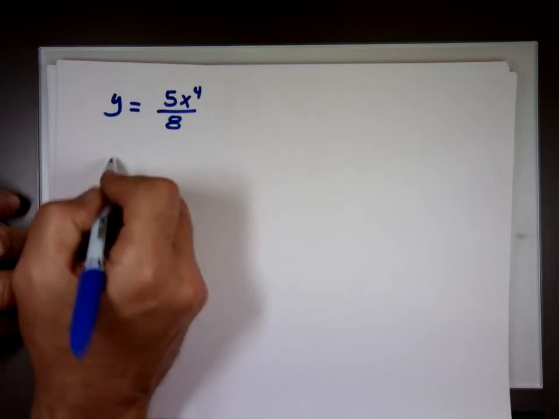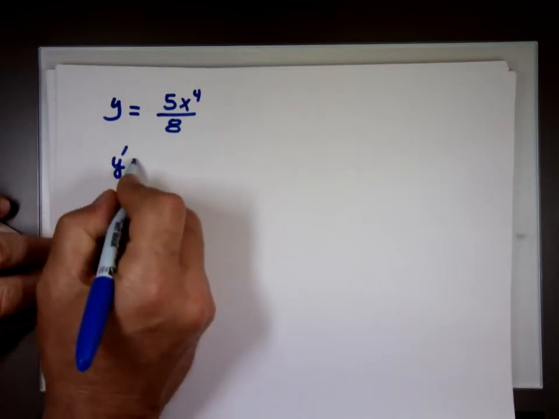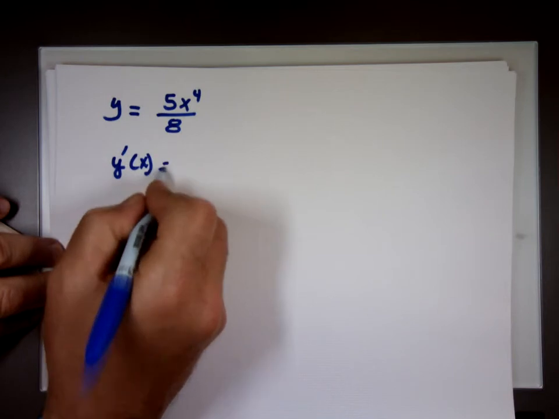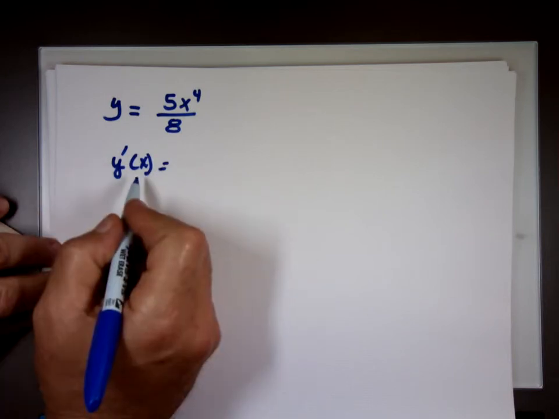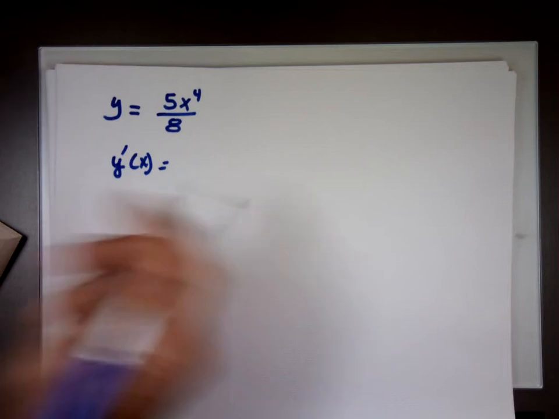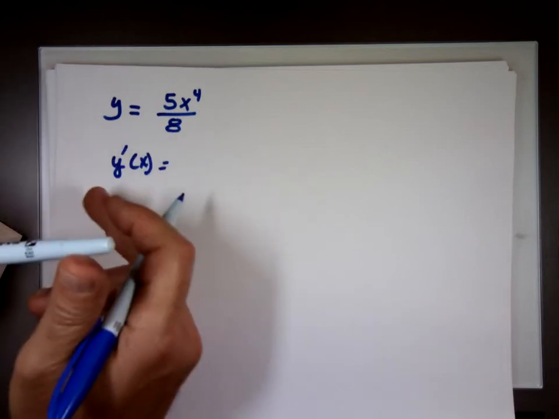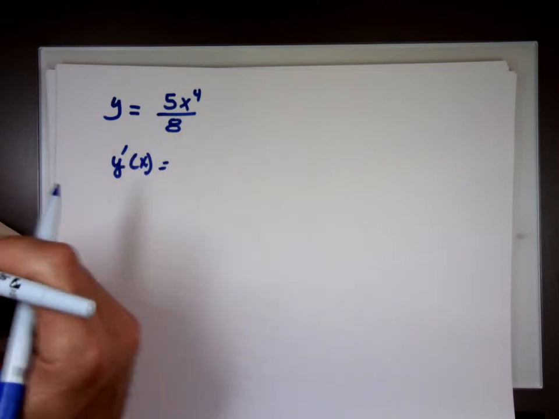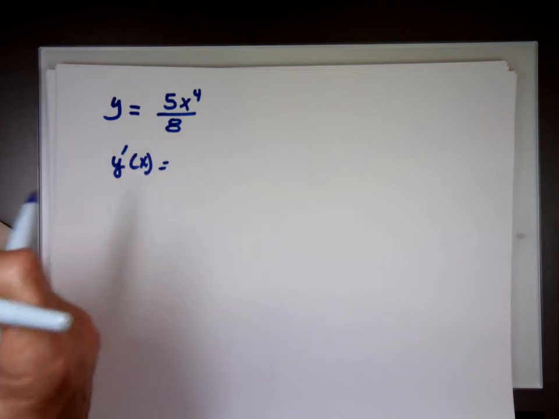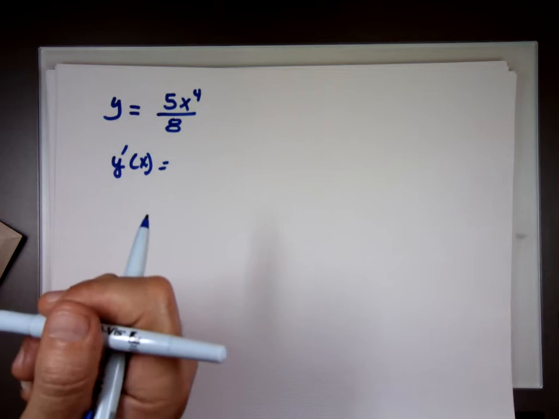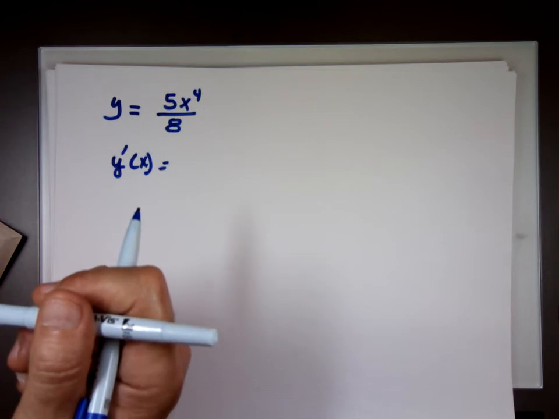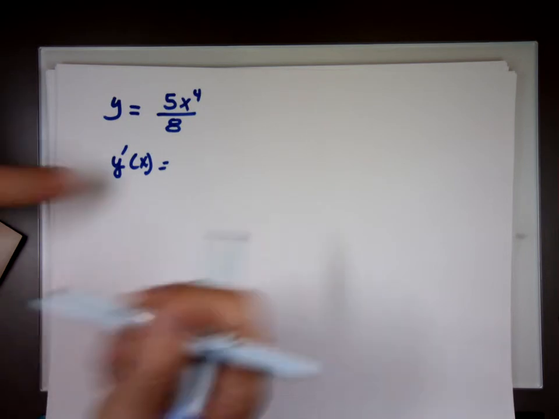What's the derivative? Well, that's a fraction, right? We're looking for the derivative. So people say, well, since you've got a fraction, I should use the quotient rule, right? Why not? Because the bottom is a constant. Well, remember, in the quotient rule, you don't take the derivative of this.